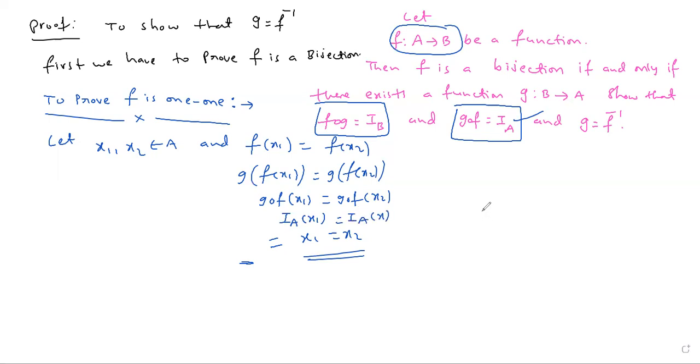IA means identity from A to A. Identity is just like 1: 1 into x1 is x1, 1 into x2 is x2. Whenever you see I, think of it as multiplication by 1, the multiplicative identity. IA of x1 is x1, IA of x2 is x2.